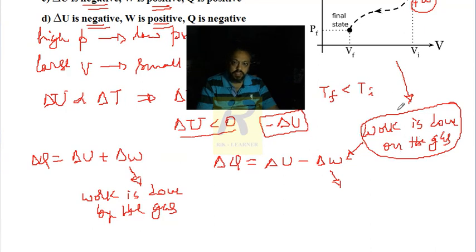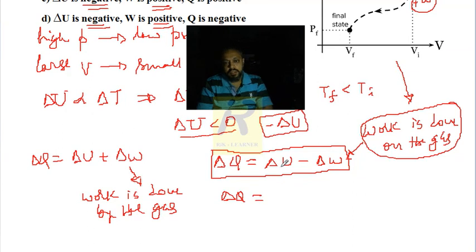Now our situation is this: work is done on the gas. So I am using this particular equation, which says delta Q equals delta U minus delta W. Here I have to find the sign of delta Q. Delta U is negative, which I already showed, and the minus symbol stays as it is.